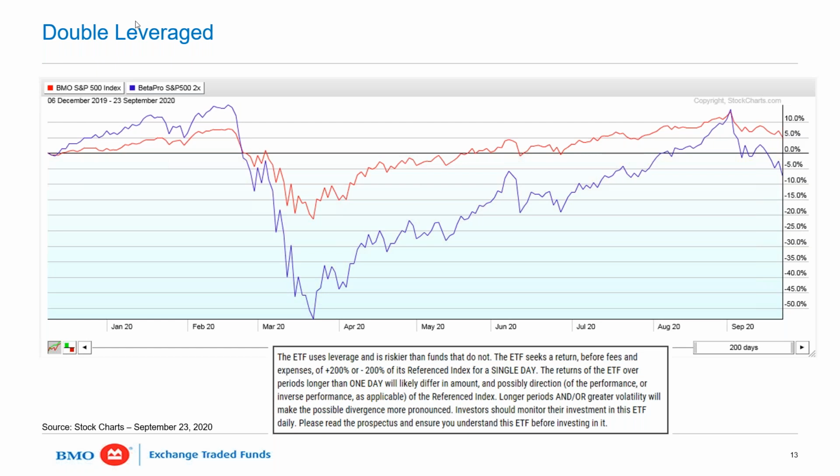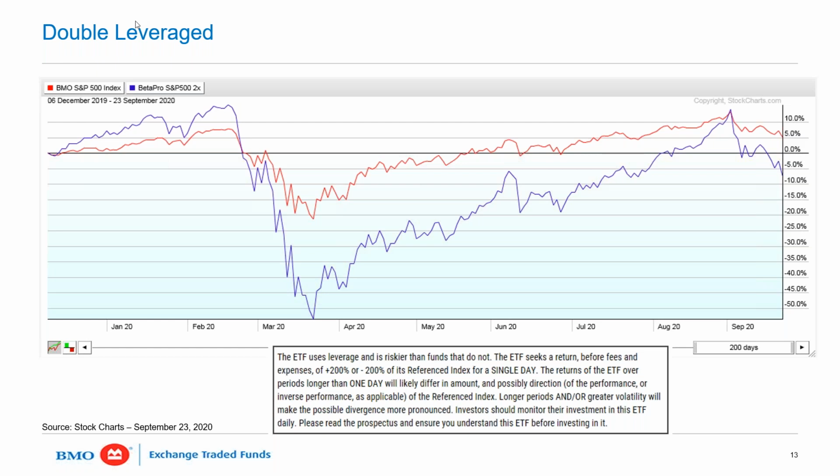The key here, though, to understand is that double exposure gets reset every single day. So if you go up 5% in one day, that ETF will go up 10%. But then that double exposure is reset. So if you go down 5% the next day, that ETF is going to go down 10%.